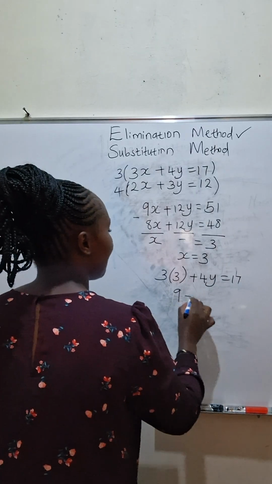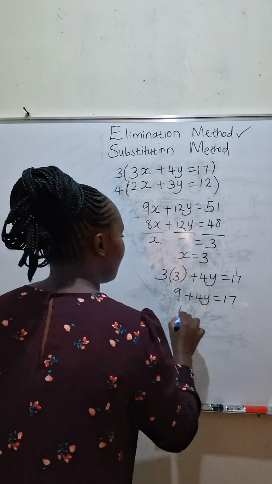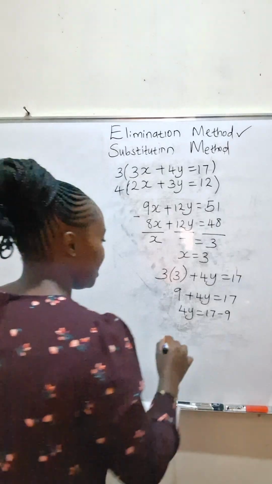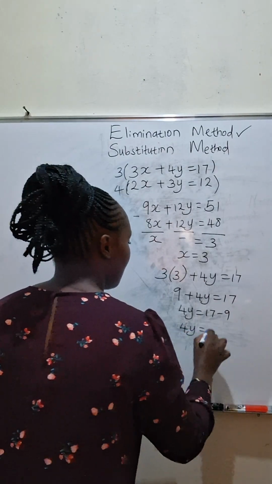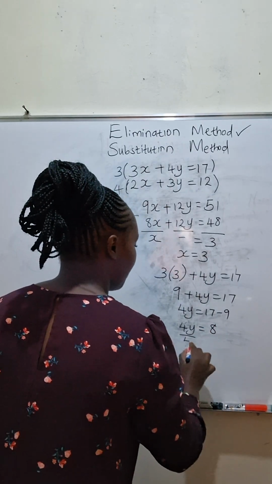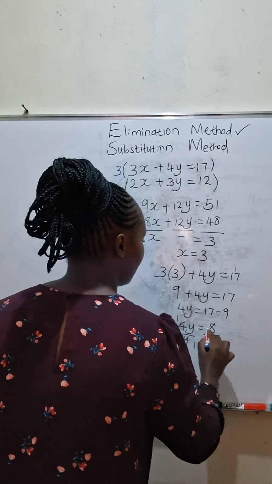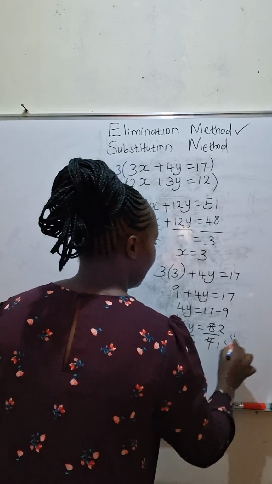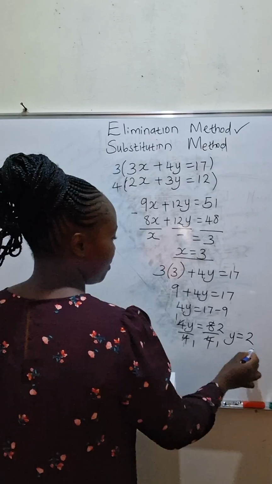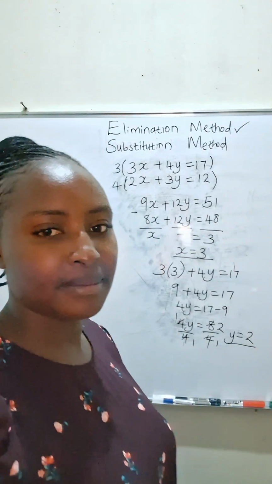So 9 plus 4y equals 17. So 4y equals 17 minus 9, which is 8, right? You divide by 4. So y is 2. So in this example, while x is 3, y is 2.